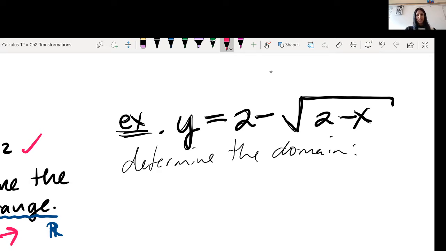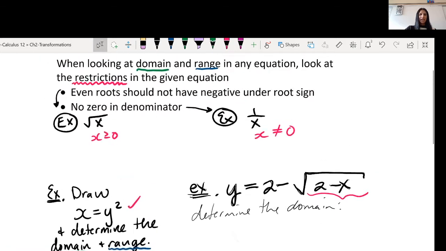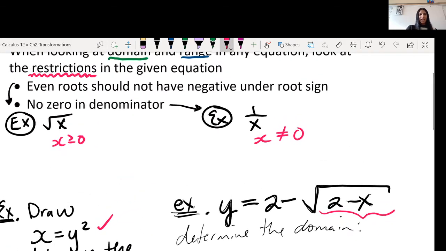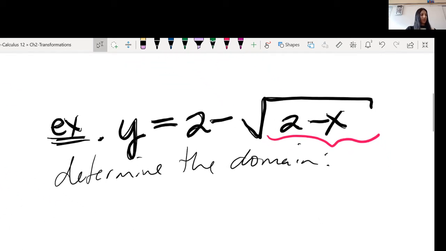And the way to do that, we would want to look at the most restrictive part of this equation, which happens to be under here. We know from back here when we first looked at it that we want the portion under the root sign to be greater than or equal to 0.